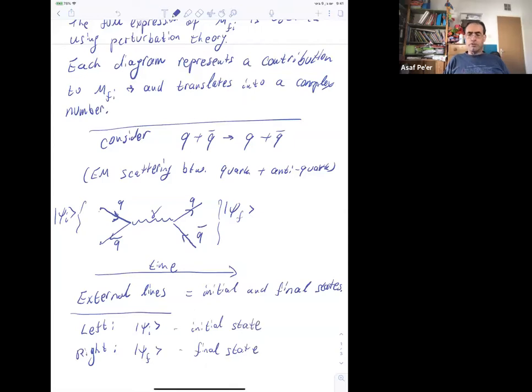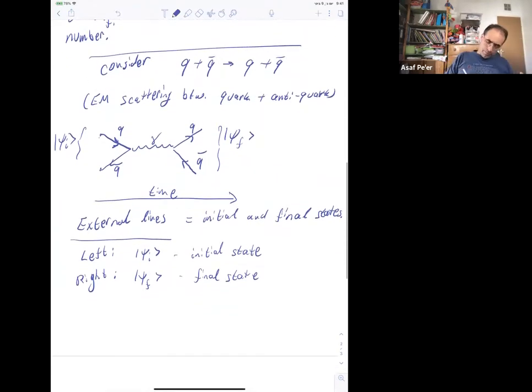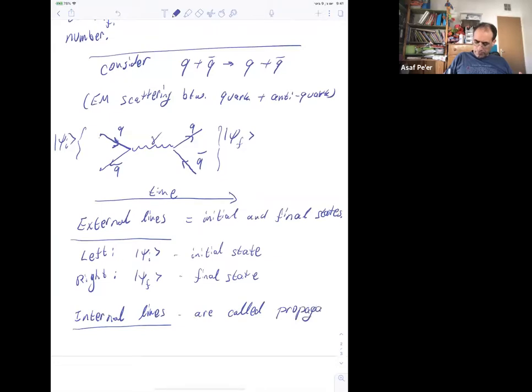It's a convention, of course, but this whole picture is a convention. The internal lines are called propagators. So here we have one propagator. This is the photon propagator.